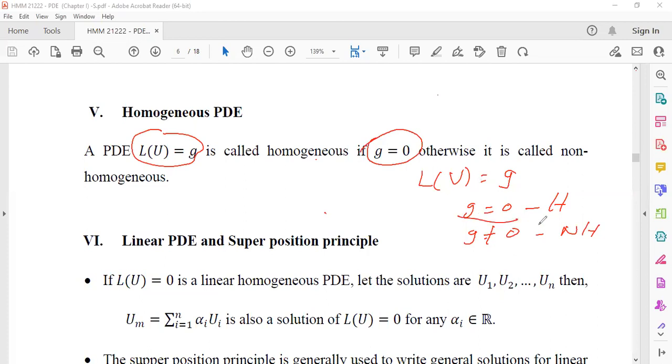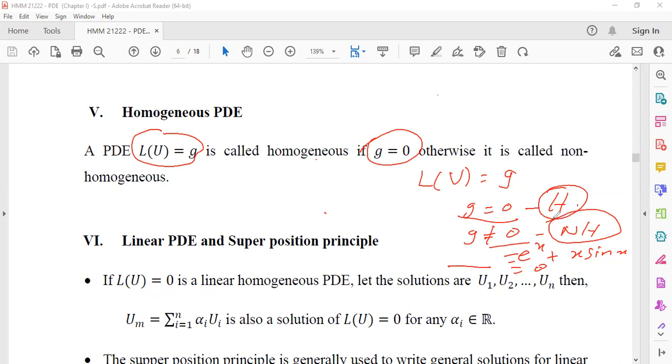If there is something like e to the power x or x sin x, functions of only the independent variables, then the entire equation is non-homogeneous. If we have only 0, we call it homogeneous.